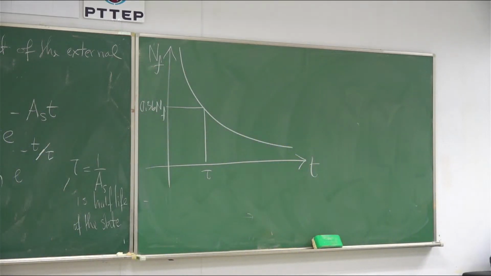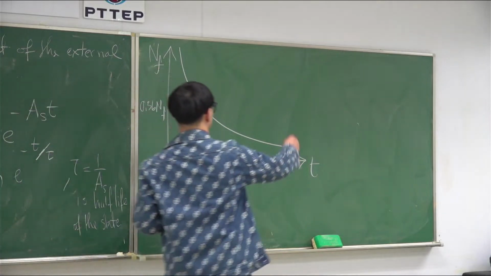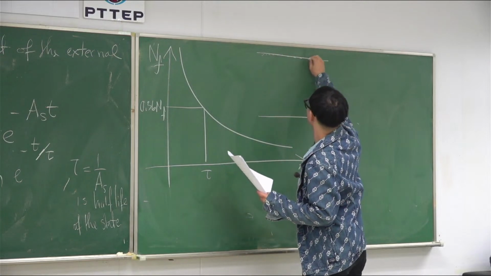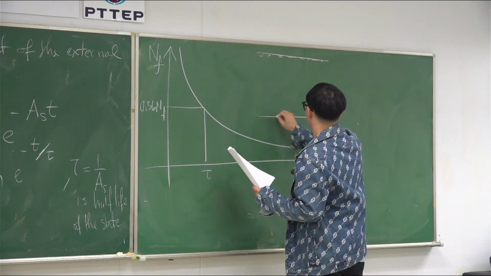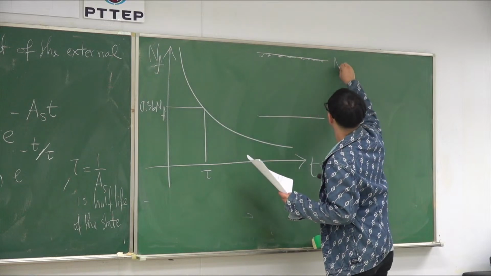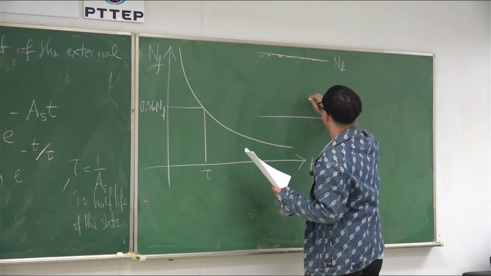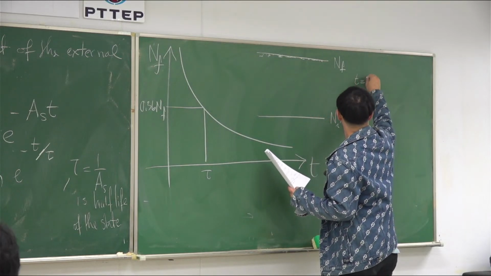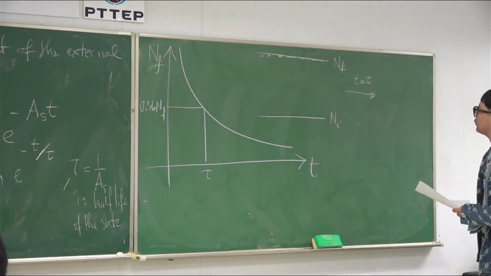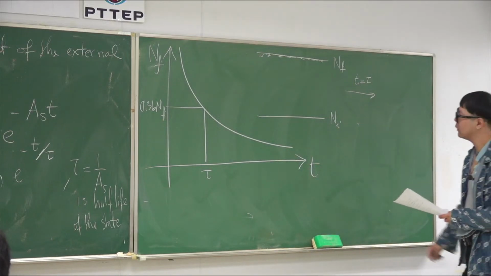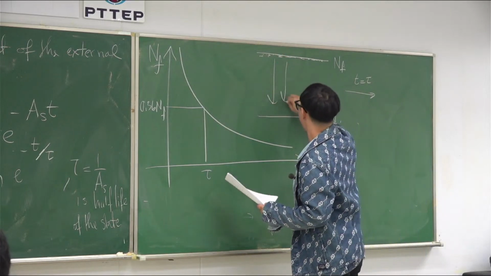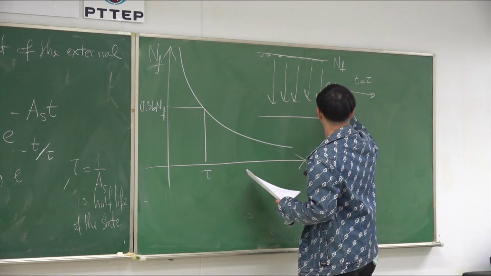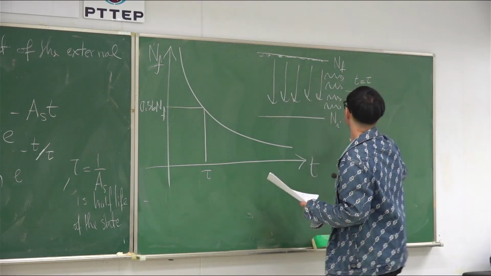What we have is, if you have a two-level system here, and after that you leave the system for time tau, it is going down, and then it's going to emit the energy bunch.